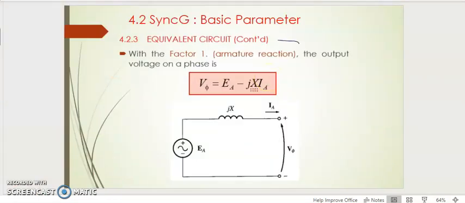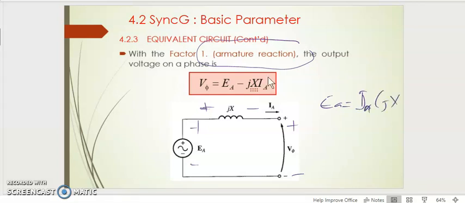Okay, if we take only the armature reaction factor, the EA produced will drop through JX here, plus how much it drops at the V phase or V terminal. So we can write EA is equal to IA times JX plus V phase or VT.